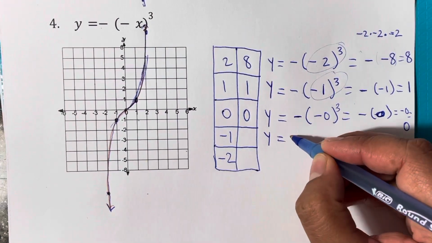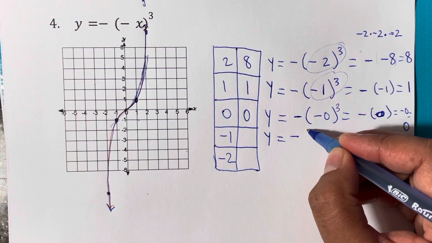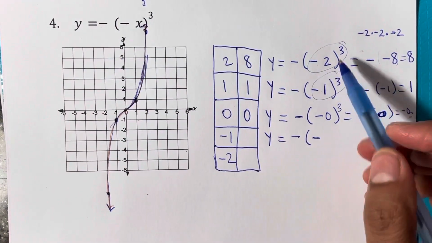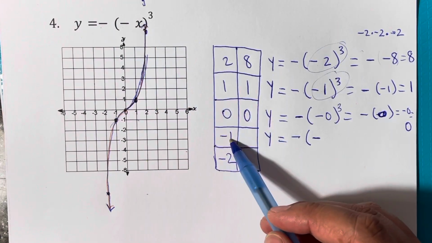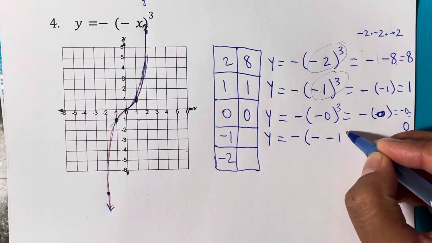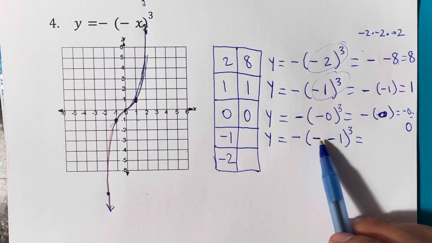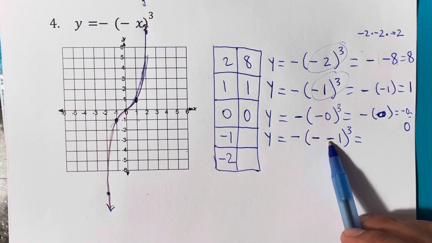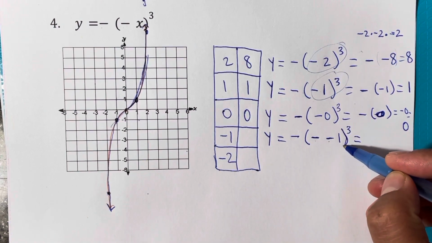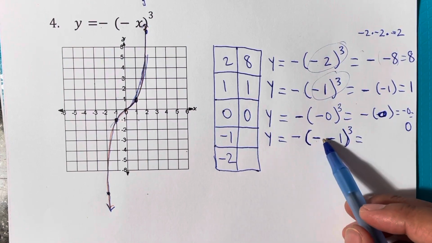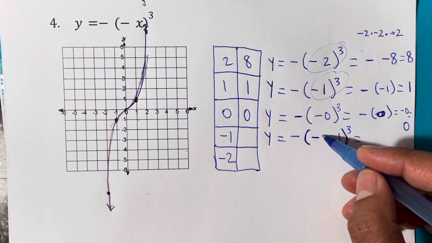y is equal to negative. Then you have the negative in here. Substitute the x, negative 1. This is going to be very interesting. And then we multiply this, negative times negative. Why? Because according to PEMDAS, parentheses come first, and inside of the parentheses, you have a multiplication of signs.